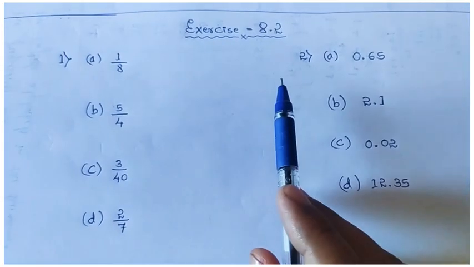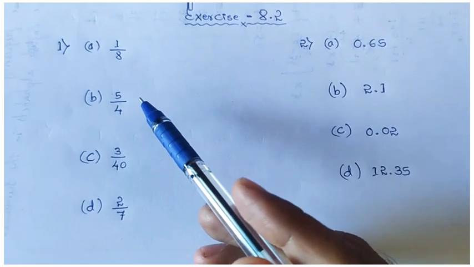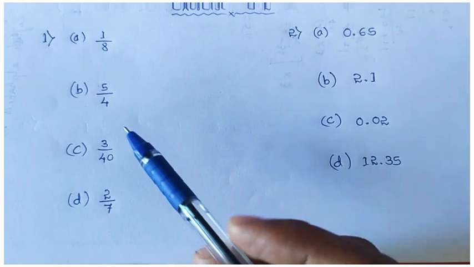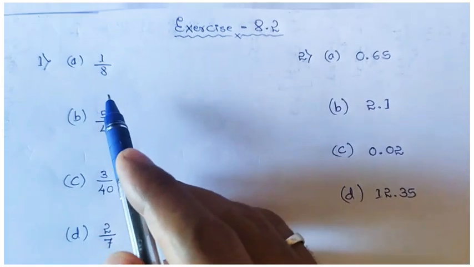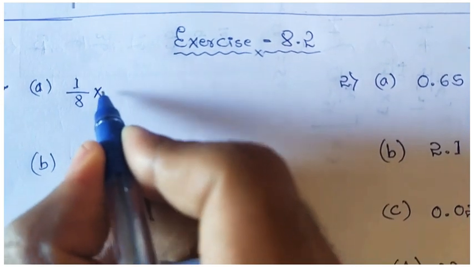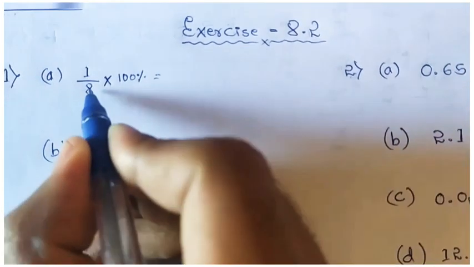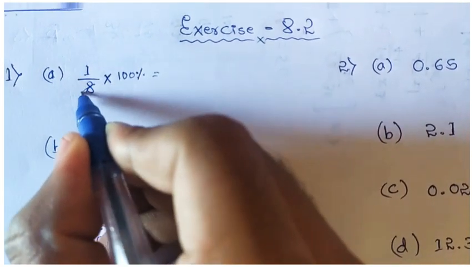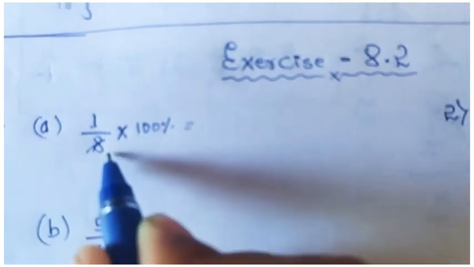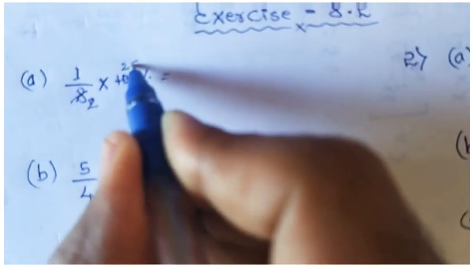In exercise 8.2, in the first question they have given fractions, and we have to find the percent. Okay, fractional numbers to percents. So 1 by 8 is there. Directly I will multiply this, 1 by 8 into 100%. Okay, so you can divide it by 4. 2 twos are 4, 2 twos are 4, 25 twos are 50.